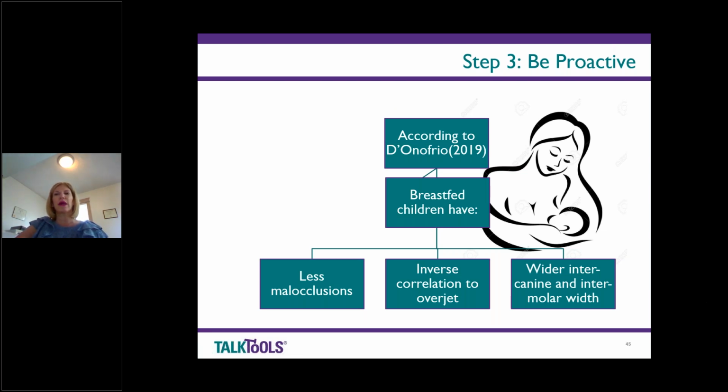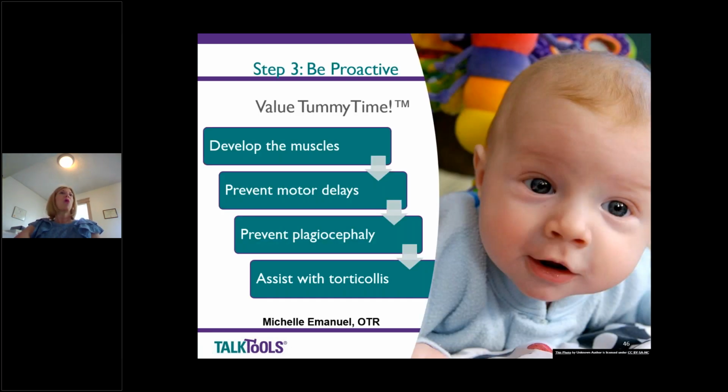So very, very important. Also important in being proactive is valuing of tummy time. And Michelle Emanuel, occupational therapist, has a very big interest in orofacial myofunctional disorders in the 0 to 3 population, especially tongue tie.